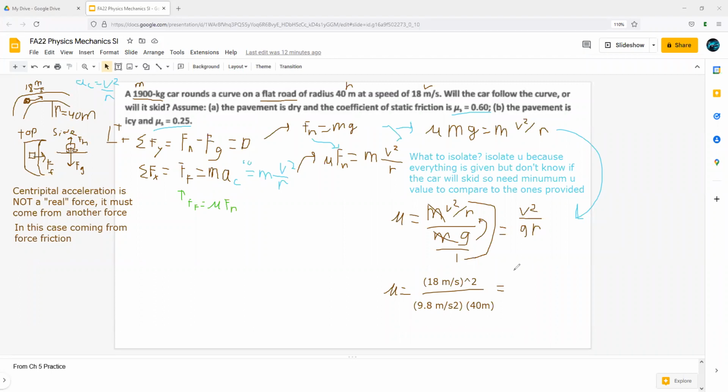If we plug that in, I got 0.83. That's fine that there's no units.